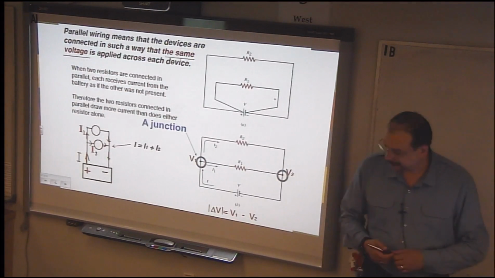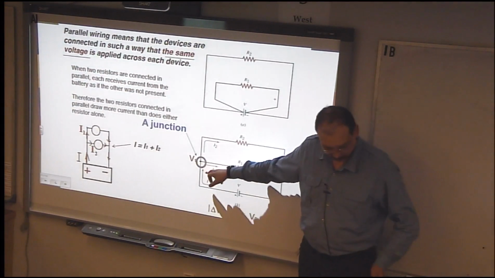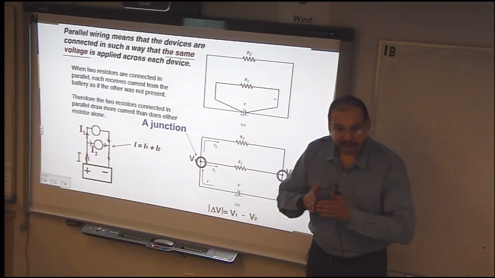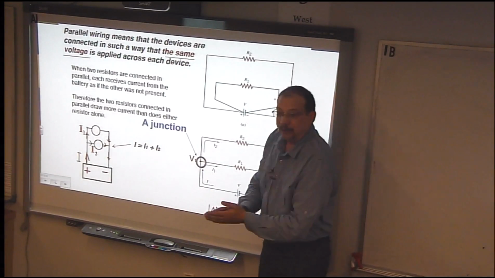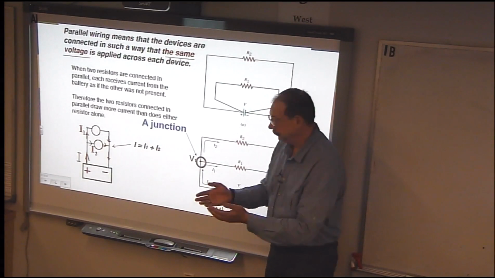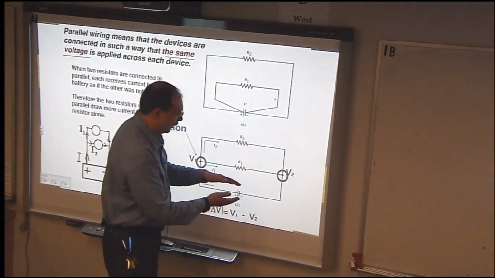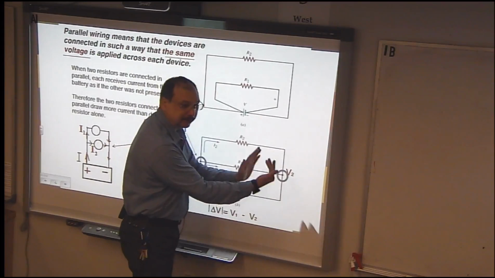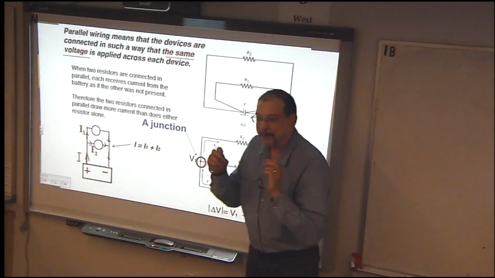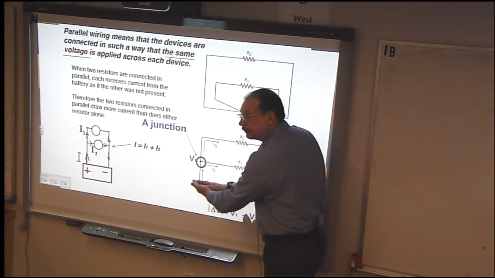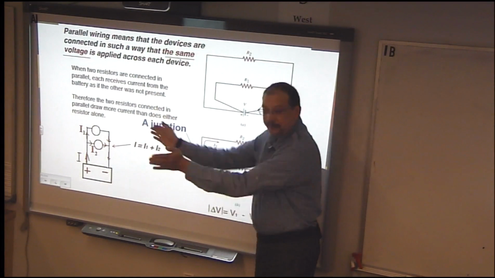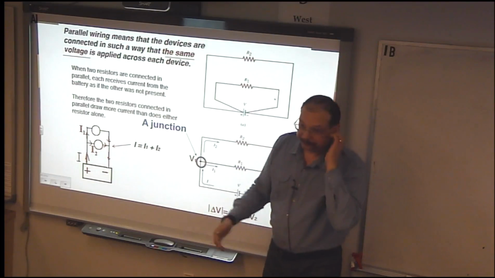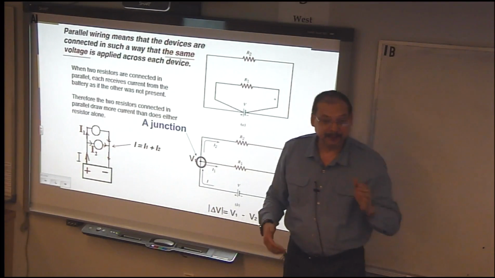So here, electric current splits. Again, you can look at actual electrons traveling like this. You can look at fictional positive charges traveling like this. Doesn't matter. Here, at this point, the current splits. How does it split? Maybe evenly, maybe not.